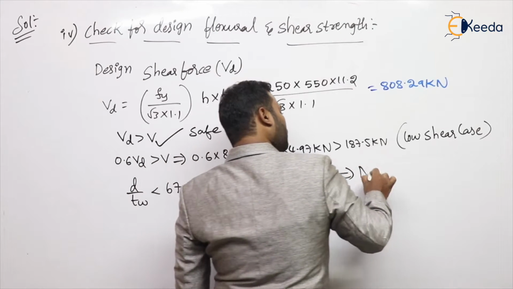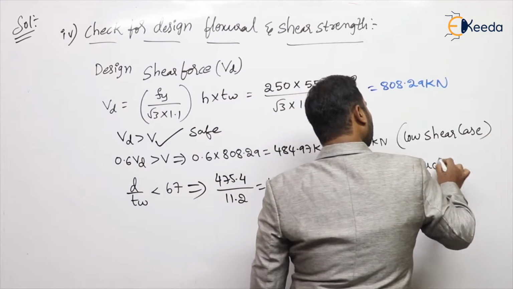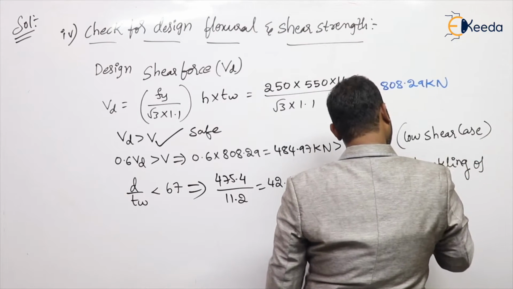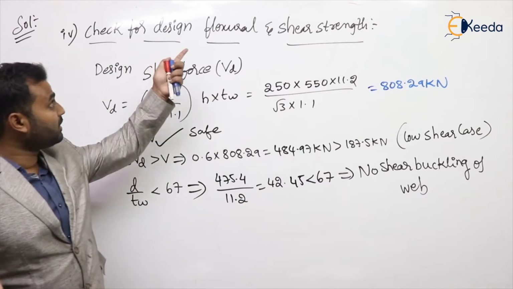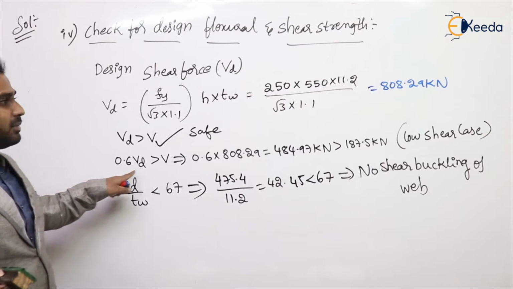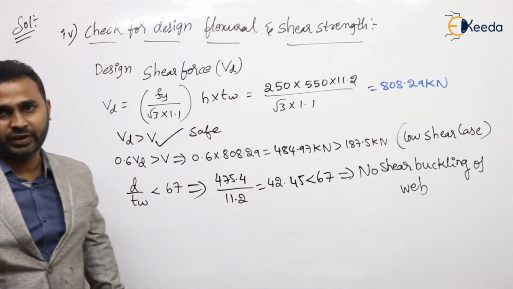This implies no shear buckling of the web. After all this, we go for checking the design flexural strength. It means the given beam is in a low shear case and there is no shear buckling, because these conditions were satisfied.